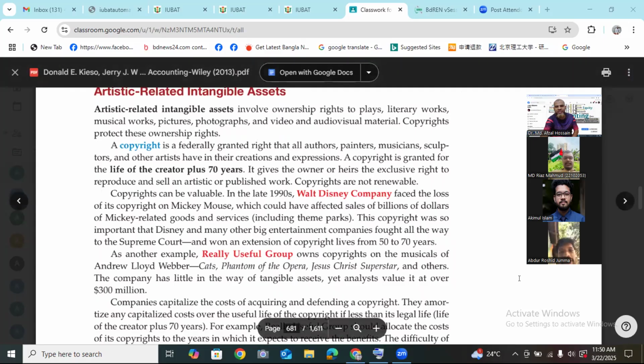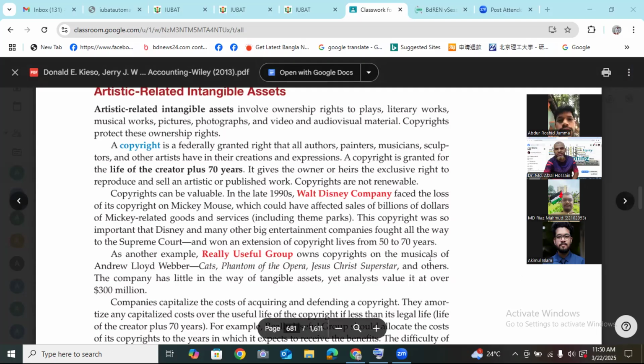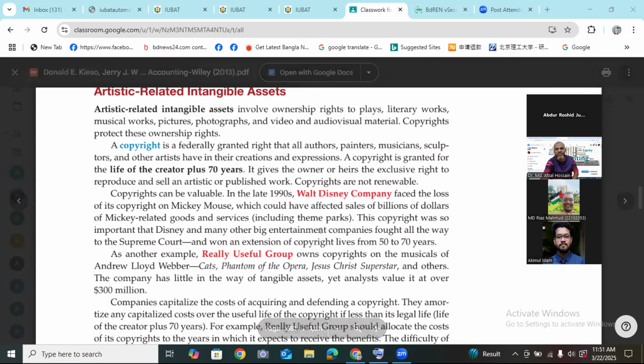Abdul Rashid Jumma, where are you now? At home? Yes, sir. At Gastala, sir. You went to your home. Yes, sir. Very good. I am now at Manikganj. I'm taking class from Manikganj.